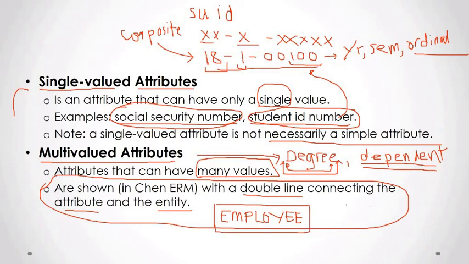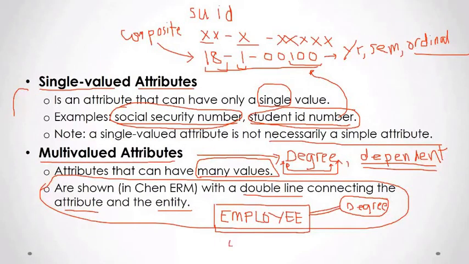Then you have the attribute degree. Now degree can be multi-valued. So to show that this is a multi-valued attribute, then we will connect it something like this. Okay?